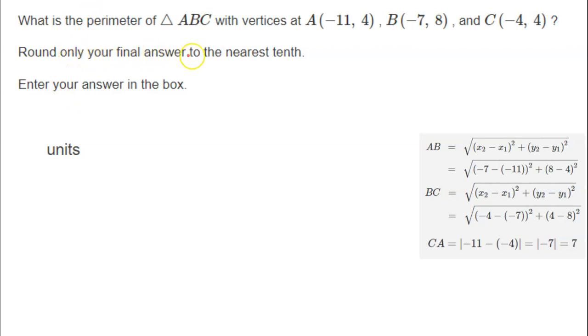Round only your final answer to the nearest tenth. So take a snippet of this if you need to use it to do your math. But here is line AB measurement, line BC measurement, and then CA's measurement.